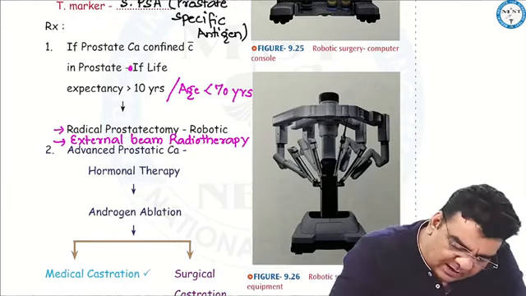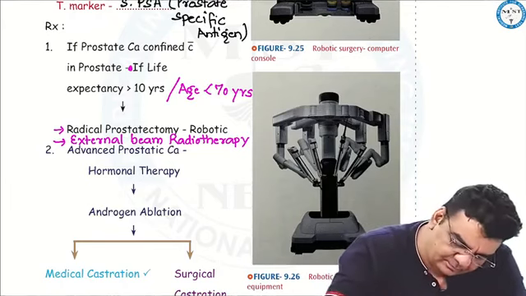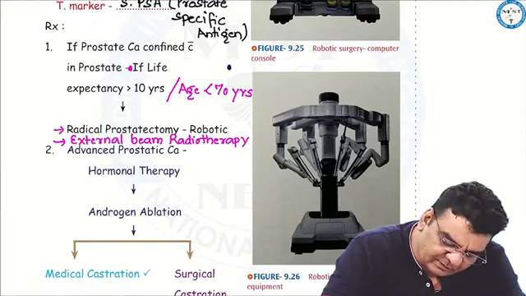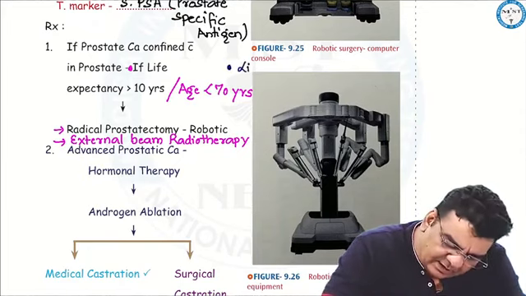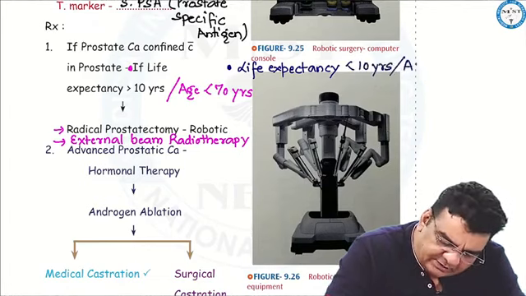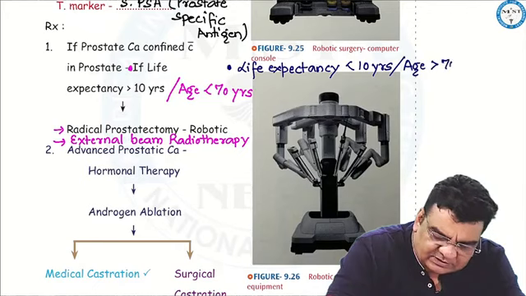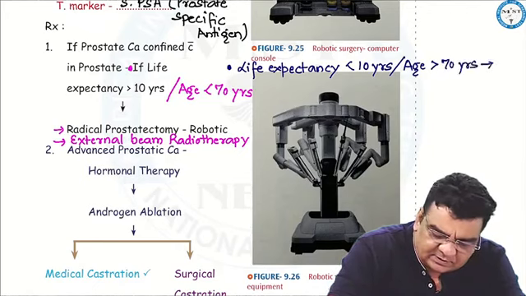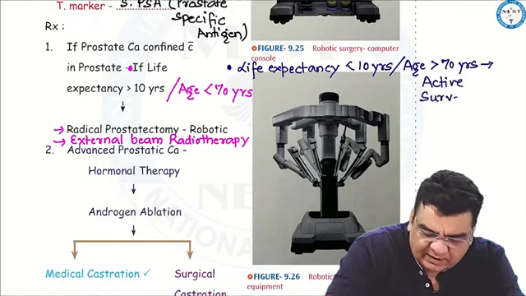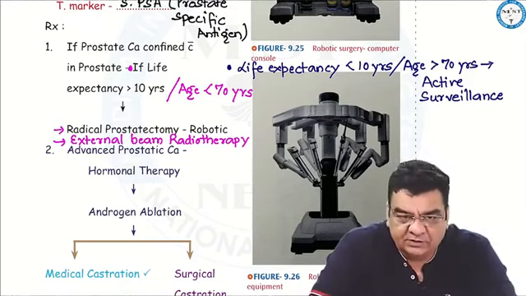However, another story here. If the prostate cancer is confined within the prostate, life expectancy less than 10 years or age more than 70 years, then we just do active surveillance. We keep following up the patient.